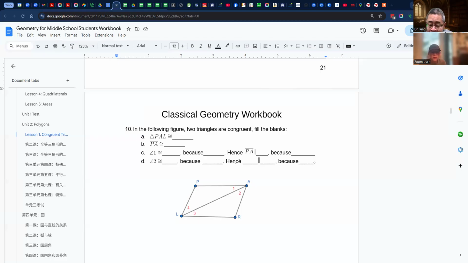It is R. So P corresponds to R, so we write that as R. A is corresponding to L. So like that. Okay.